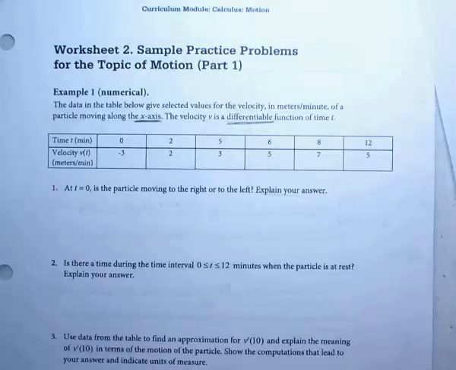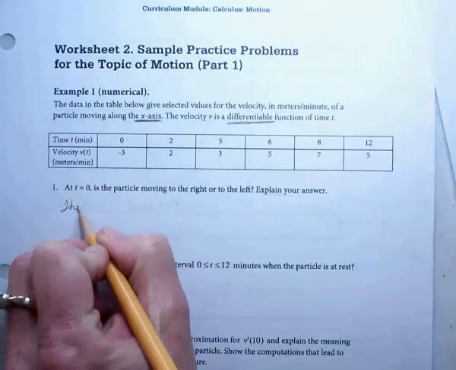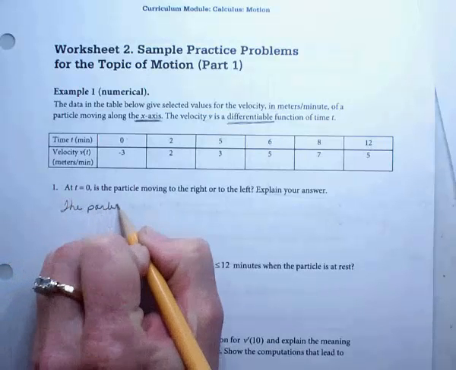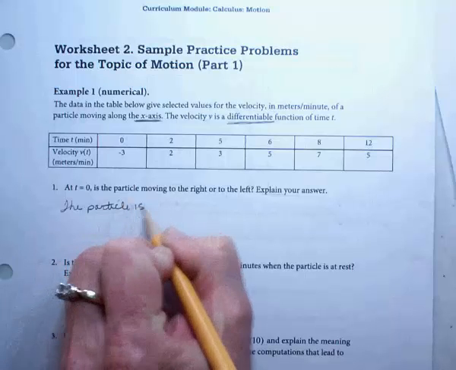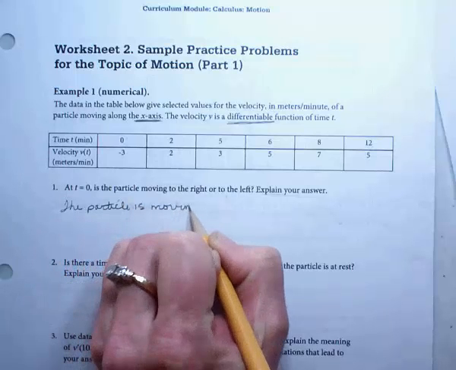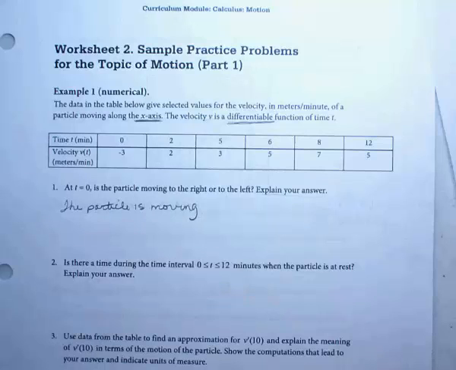We're going to practice good sentence structure. We're going to take the question and make it our answer. Let's make a really polished answer. We know the particle, or the object, is moving left.